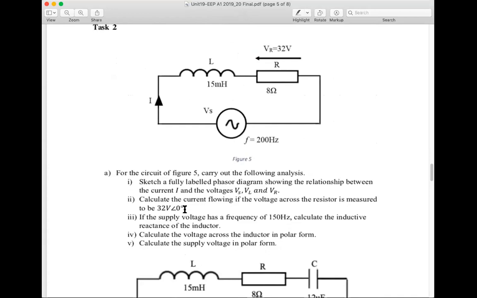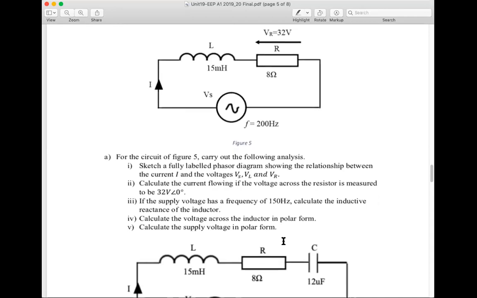The current will be at angle 0 because it is in phase with the resistor voltage. But your inductor voltage will not be at angle 0 degrees. So I'm suggesting you use complex numbers, in either polar or rectangular form, and convert between the two as necessary.